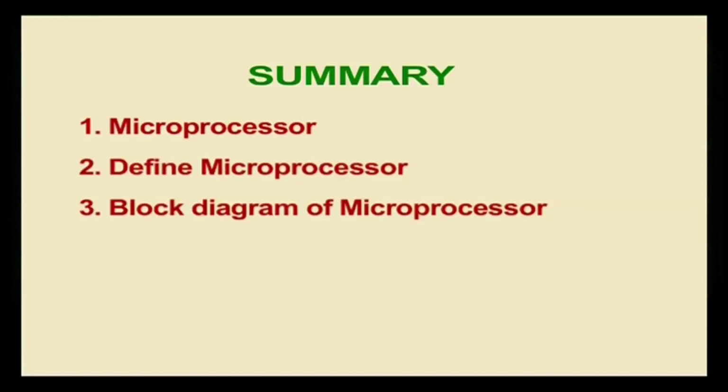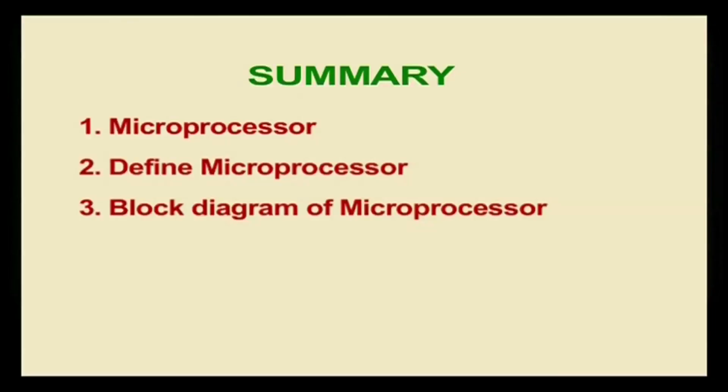Now, to summarize whatever we have studied. We saw what is meant by microprocessor. A microprocessor is basically an electronic chip, as small as your fingernail, containing millions of transistors, and it is basically a computer on a chip.